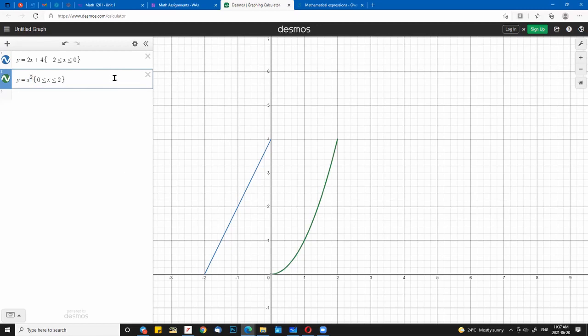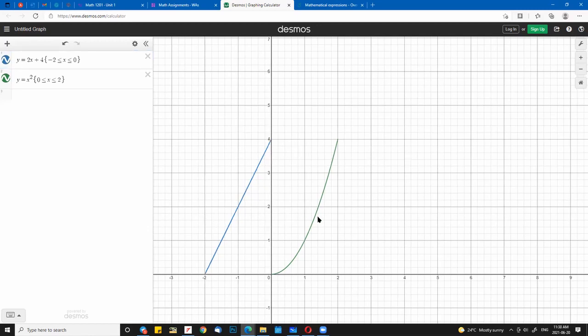Now, this piecewise function is wrong, and I'll tell you why. When x is 0, it gives 2 values. It gives a value here, (0, 0), and it gives a value here, (0, 4). So what I drew here is not a function, okay? What we have to do is, instead of including 0 here, I could do just that, right?